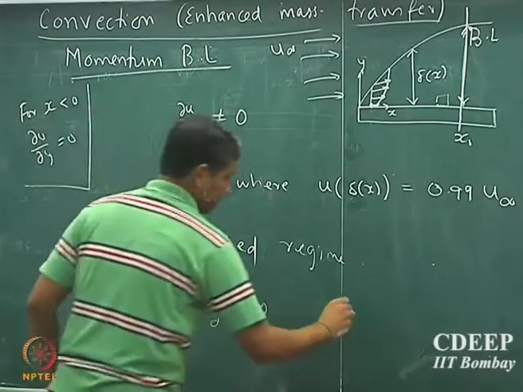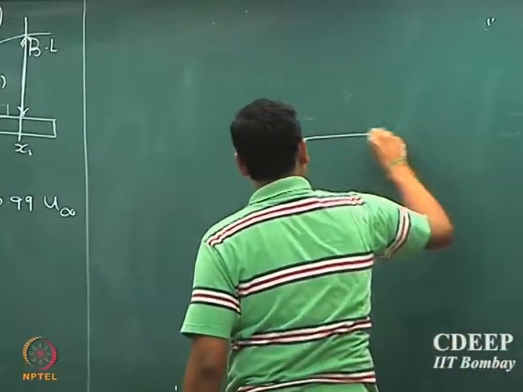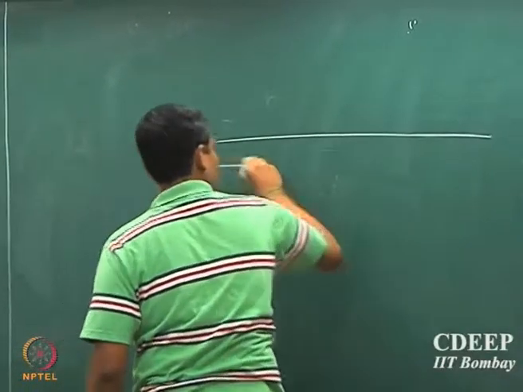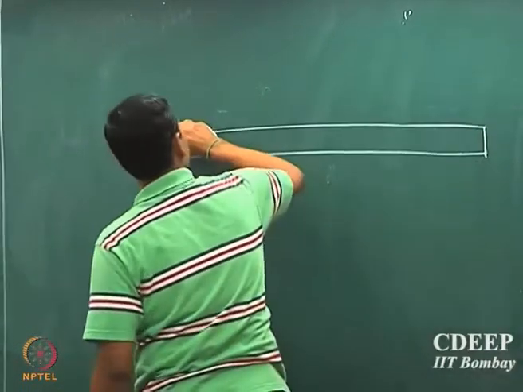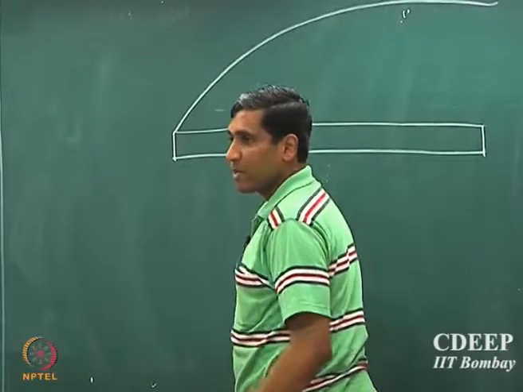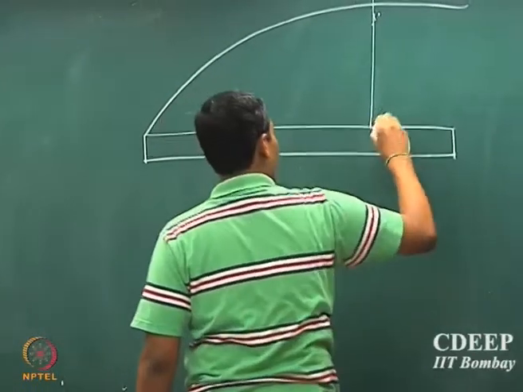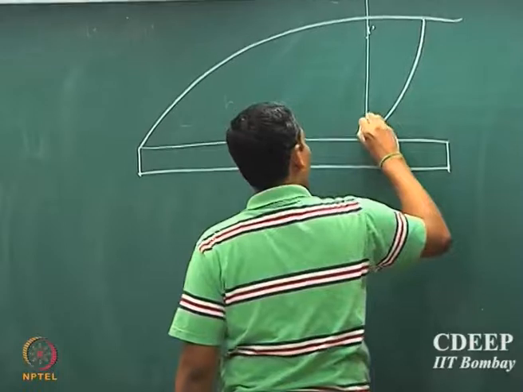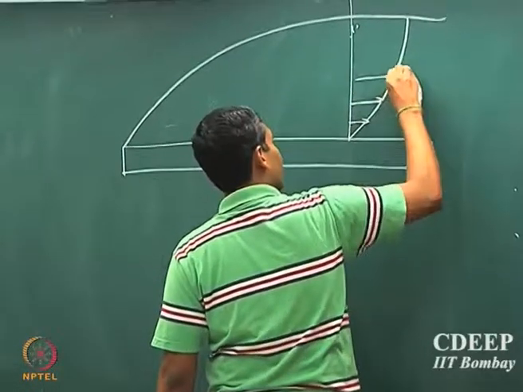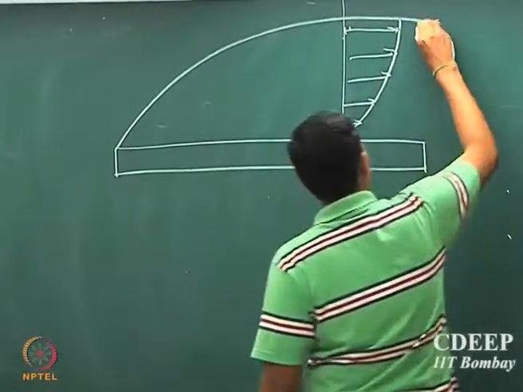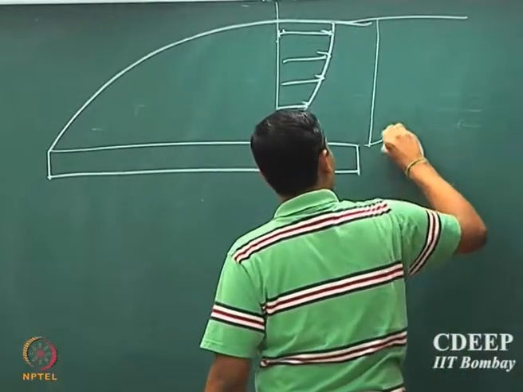It means that, suppose I zoom up this flat plate here. At some location, you will have a velocity profile, but then the profile will be maintained.